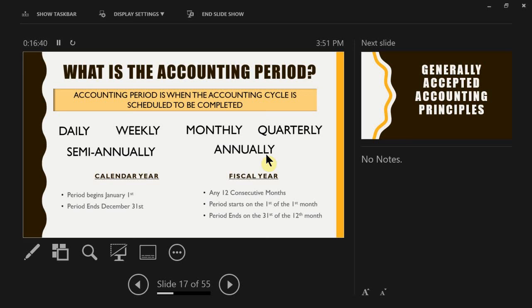But most government agencies, or anything that is less busy during the summer, are more likely going to be fiscal year. The difference between them is they're still both one whole entire year, both 12 months, but the only difference is that calendar starts in January and ends in December. Your fiscal year starts on the first of any month and runs to the end of the 12th month, okay?